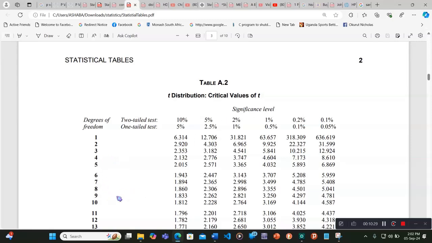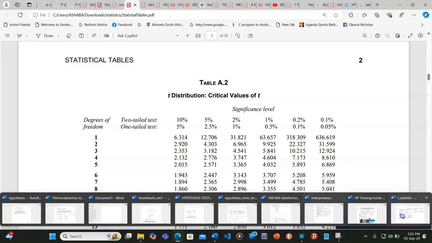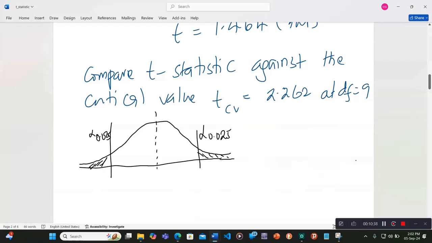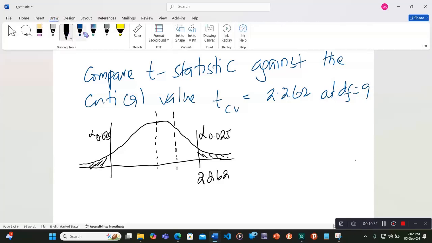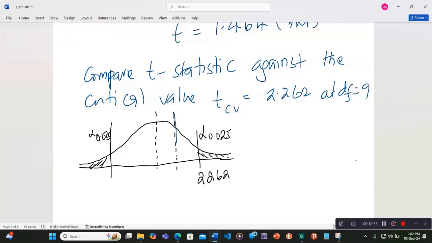What does that mean? They are going to take the same value, so this is 2.262. And where is our 1.464? Our 1.464 is behind it.